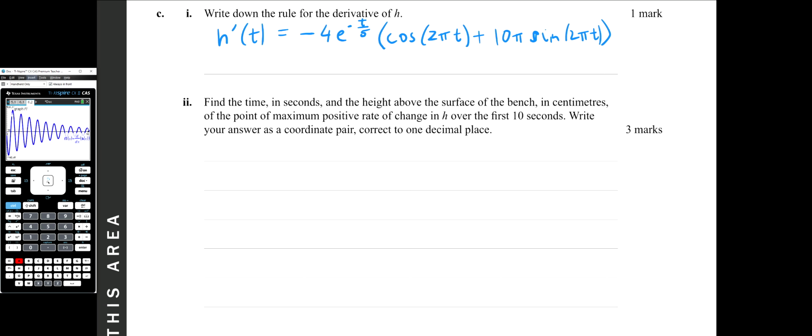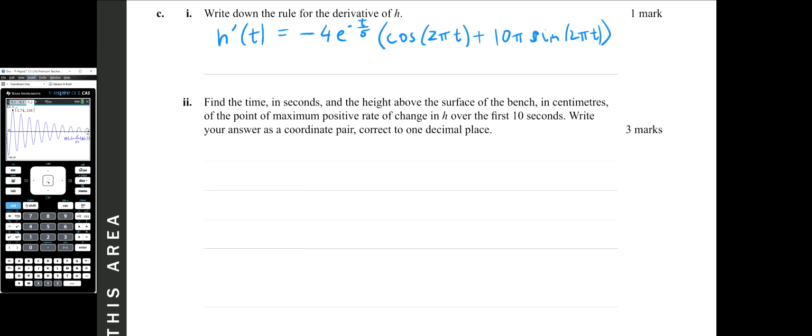So as we assumed, the largest rate of change occurs at that point there. So let's work out the value of that point. Menu, analyze, maximum, there to there. There we go. So 0.74, we want it to 1 decimal place.